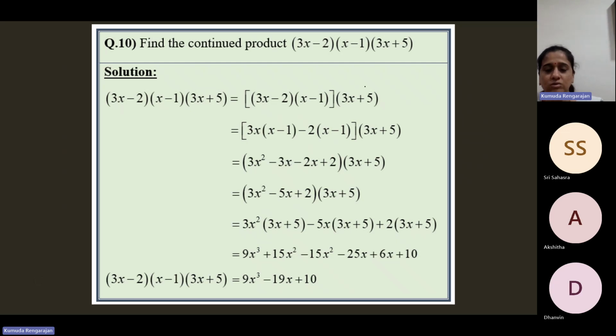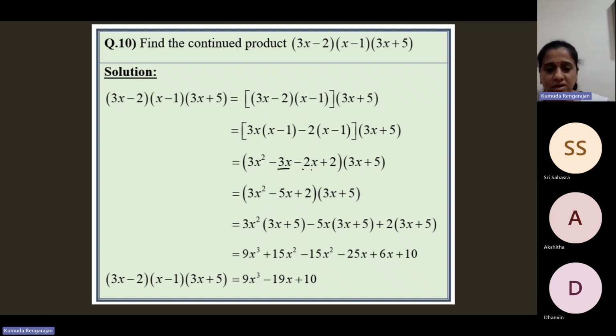Okay, now let's see what happens in the bracket. How do you multiply 3x into the second bracket x minus 1, minus 2 into the second bracket x minus 1. Then multiplying this into this, this into this, this into this, this into this. You have 4 terms now, into 3x plus 5.